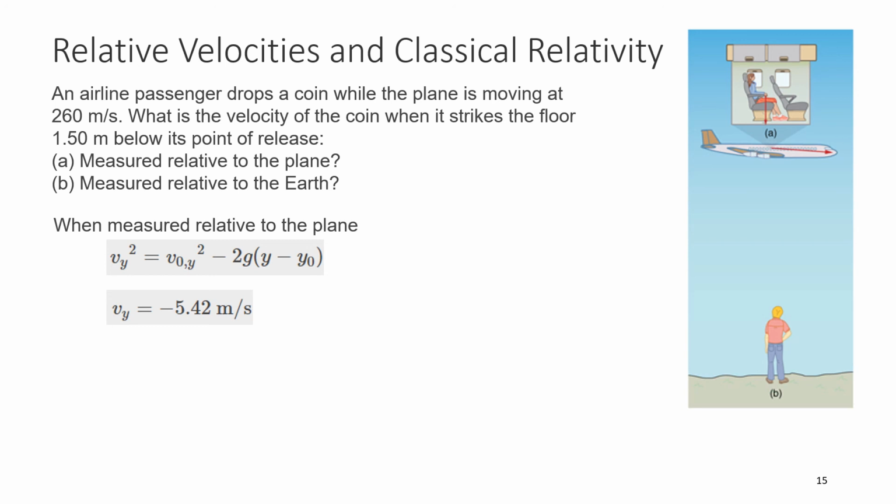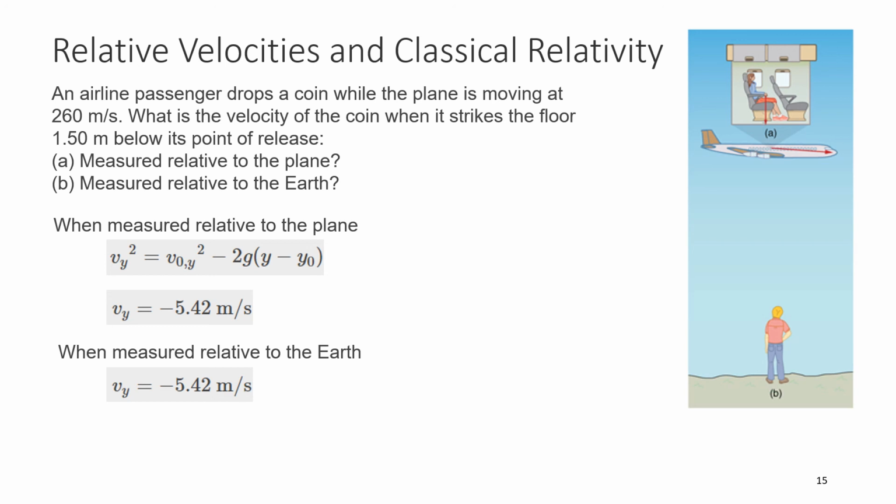Now we measure relative to the Earth. Since the vertical motion is independent of horizontal motion, and the initial vertical velocity relative to the ground is 0, the final vertical velocity for the coin relative to the ground is also Vy equals minus 5.42 meters per second.